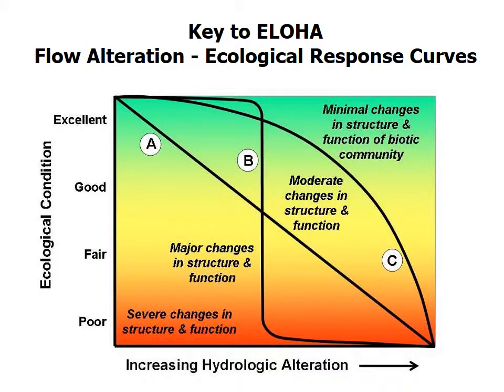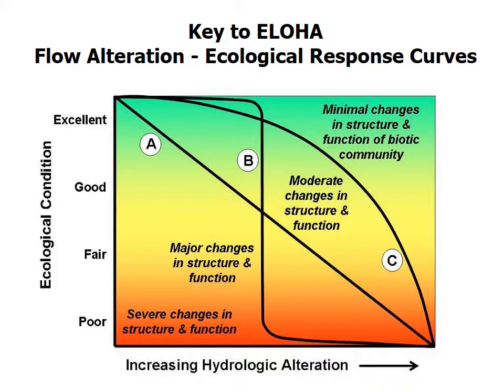The key to ecological limits of hydrologic alteration is in many ways very well aligned with the principles of environmental flows at the site level. So really, essentially, we're looking at gradients in ecological condition across rivers within any one river type in a river basin or in a large region, and gradients of hydrologic alteration.